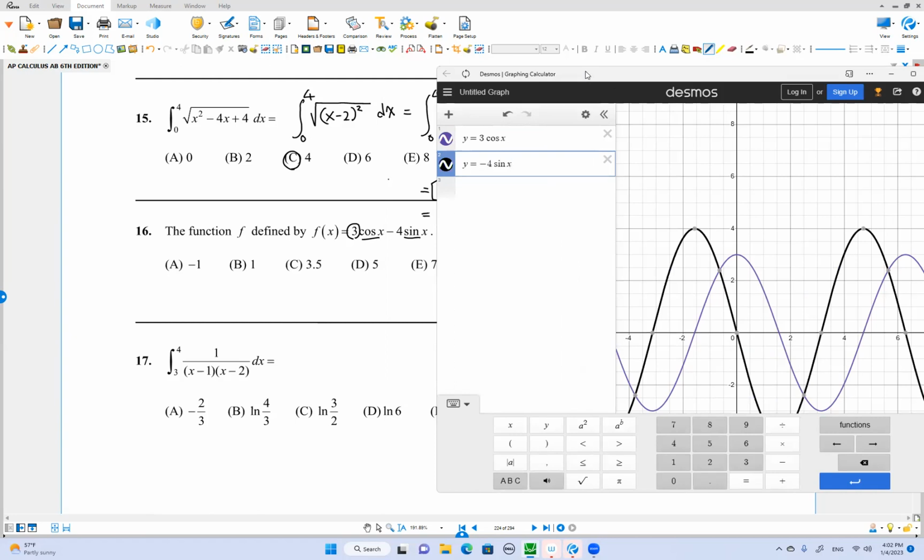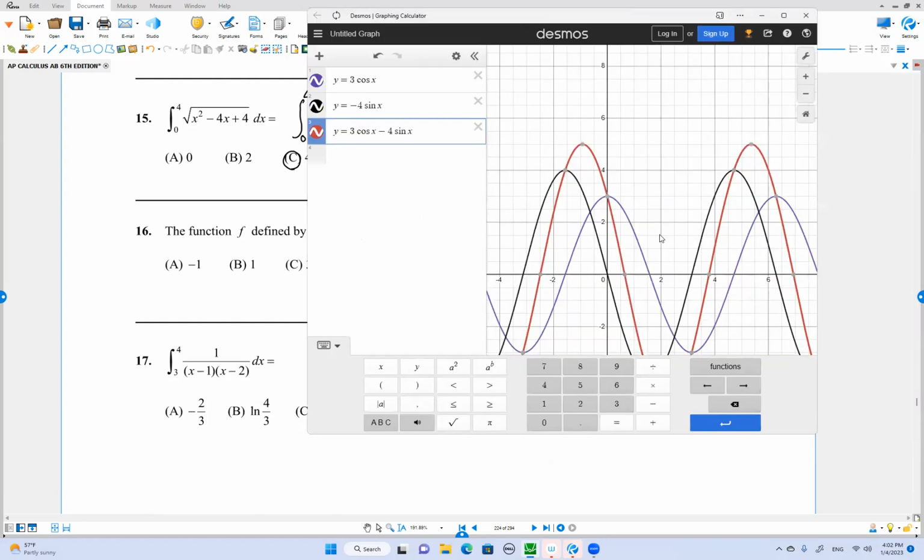When you add these, let's see what happens. This is each graph: one is the cosine x, the other is the negative sine. When you add these two, it looks like this one. Y equals 3 cosine x minus 4 sine x.